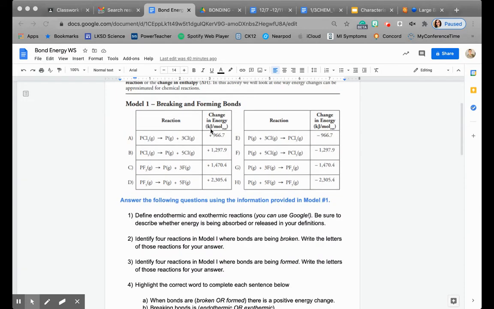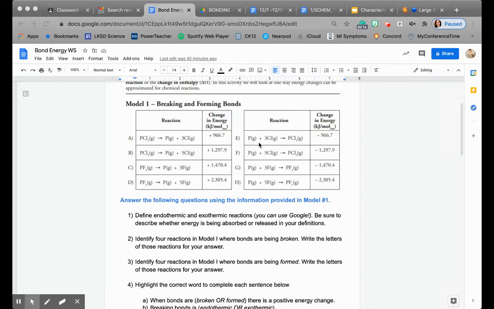So, Model 1, like I said, has some information about breaking and forming bonds in a variety of chemical reactions. Pay close attention to who your reactants are and who your products are, because what you'll notice here is that we're starting with one reactant and we're forming a couple of different products on these equations.